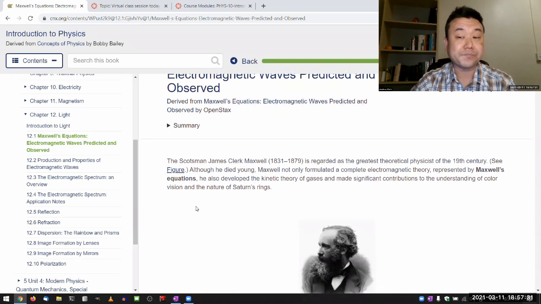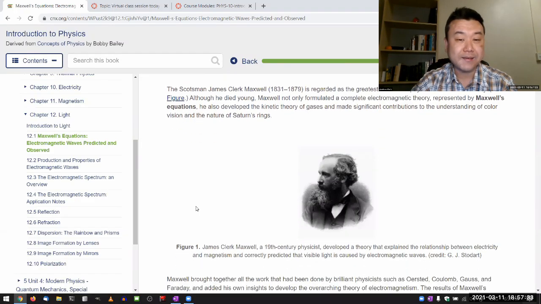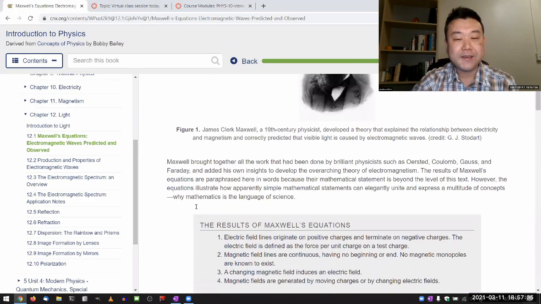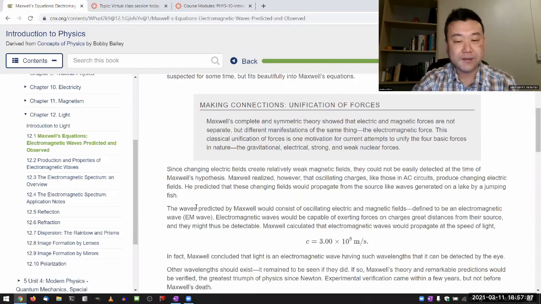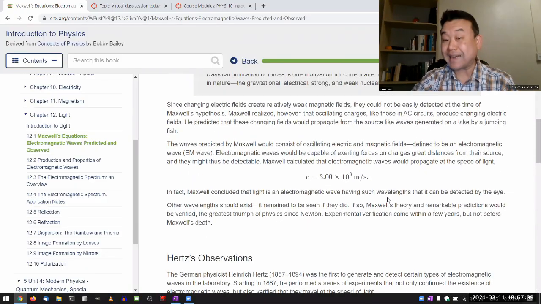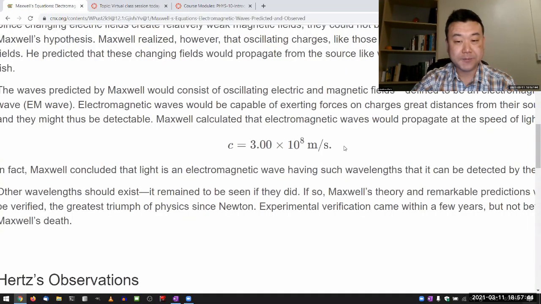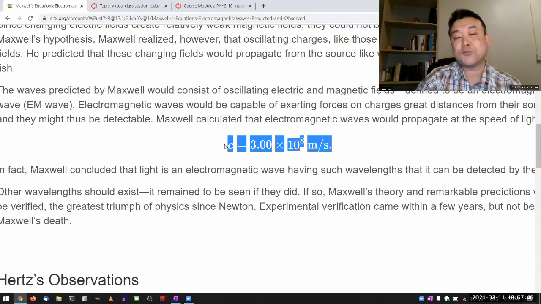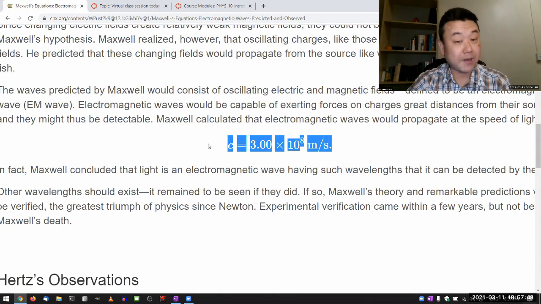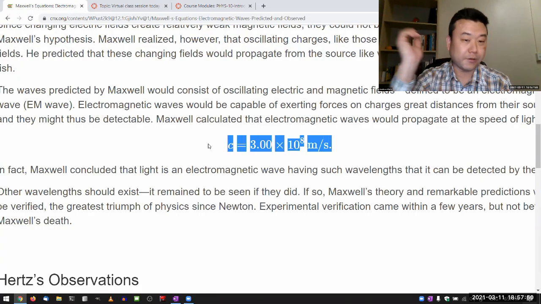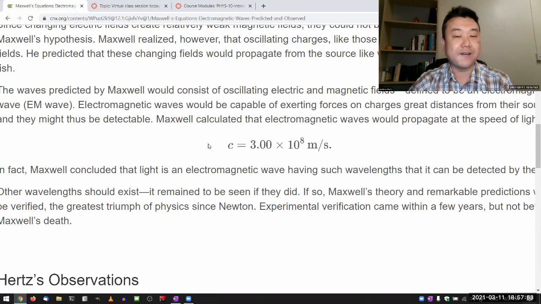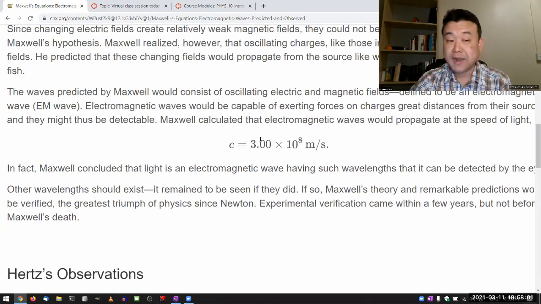And when he finished predicting it, he realized that the electromagnetic wave he was predicting would move at a very fast speed. By then, astronomers had measured the speed of light from orbital motion of things, and he guessed that the electromagnetic wave he was predicting was light.